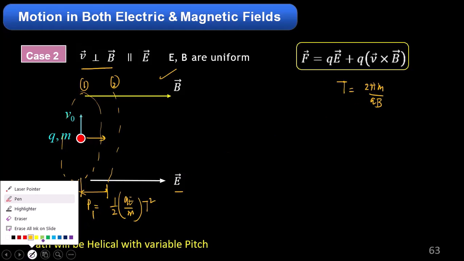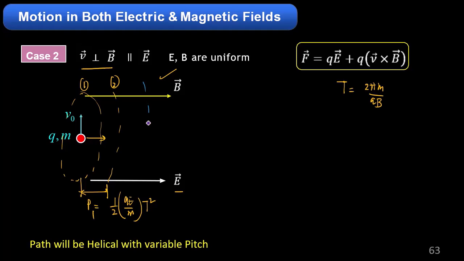Now if I want to calculate the second pitch, let us say the third circle, so this difference is P2. Can I say P2 should be equal to half a into (2T) whole square minus half a into T square? Up to 2T time the particle is performing the third circle, and up to T time the particle is performing the second circle.